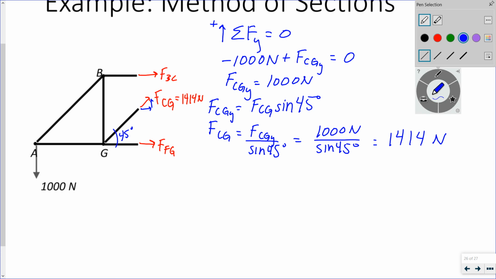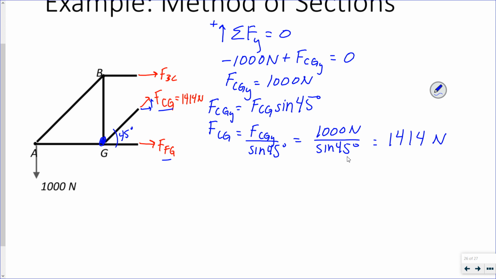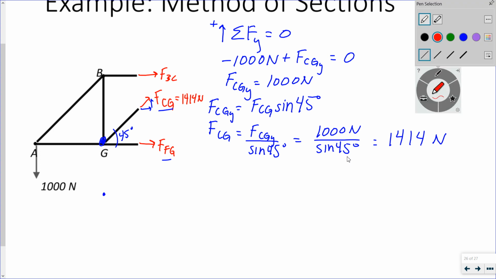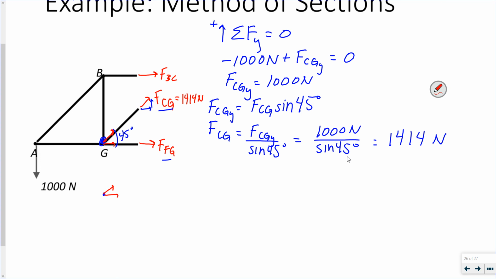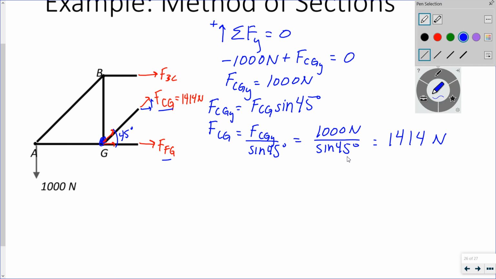Because if I take the moments about G, I don't have to account for this force or this force, because they meet right here. If I was going to draw that, it's really like I have that force and that force acting right here.